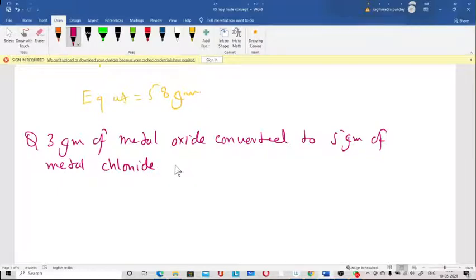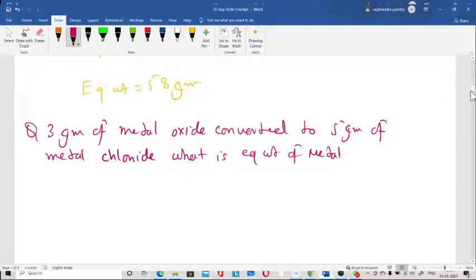What is the equivalent weight of the metal? This is a question based on the previous question that we did, carbonate and oxide. In the same manner, this is the question.